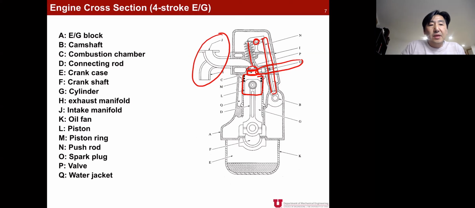This piston is connected to the crankshaft, which is the main shaft, by connecting rods. This piston goes up and down, and by means of the connecting rod, this up and down motion is converted to rotating motion. So that is your main part.